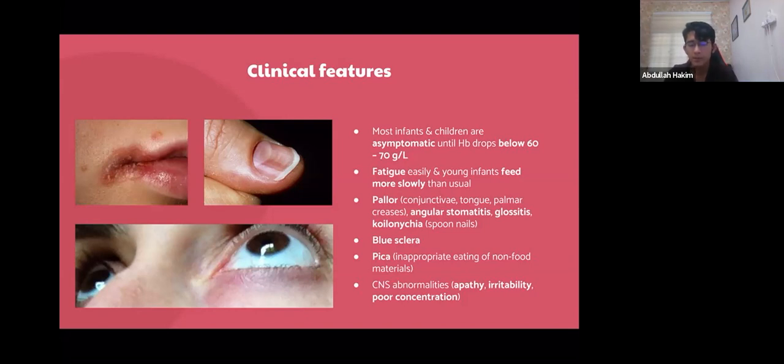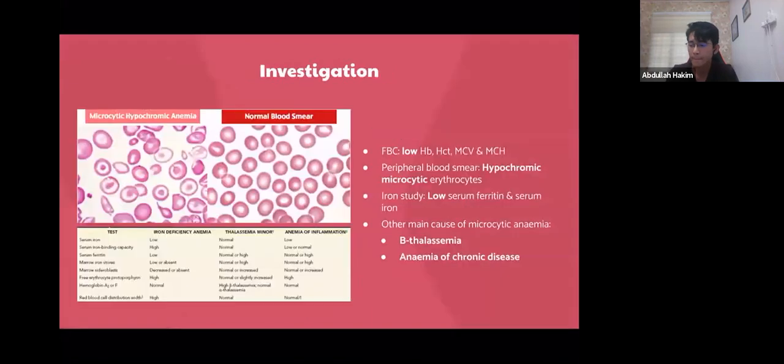And also the patient may come with pica, which is inappropriate eating of non-food materials. For example, like soil. When they are playing, they suddenly eat soil. So that is termed as pica. And lastly, there will be CNS abnormalities such as apathy, which is lack of emotion, irritability, and also poor concentration.